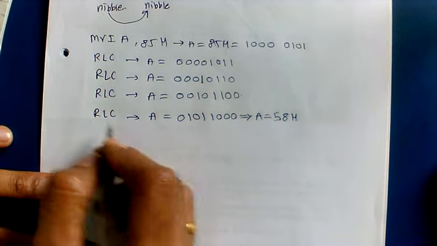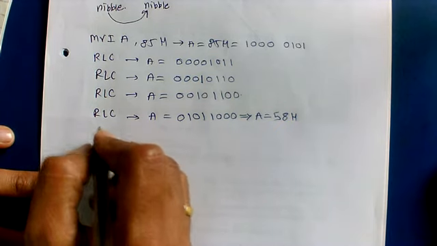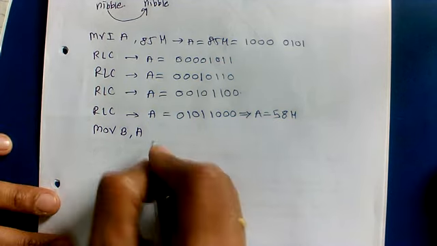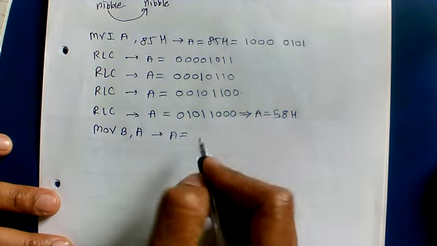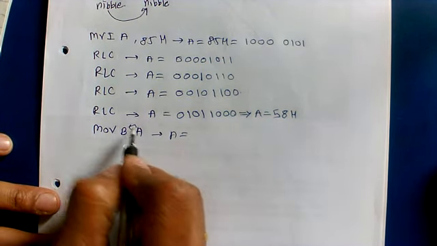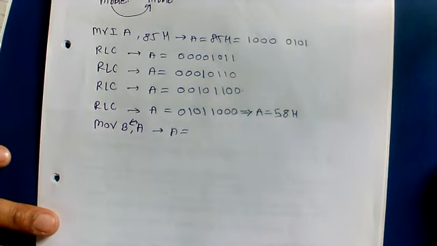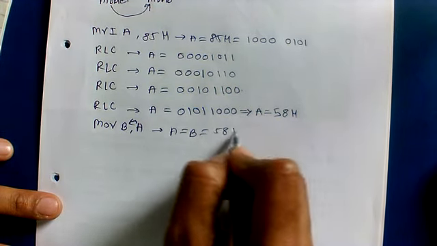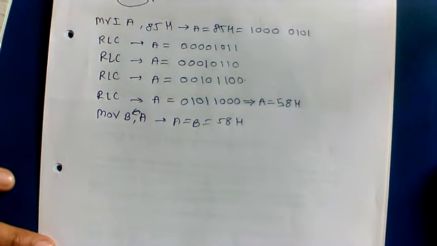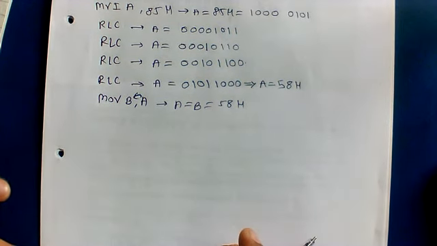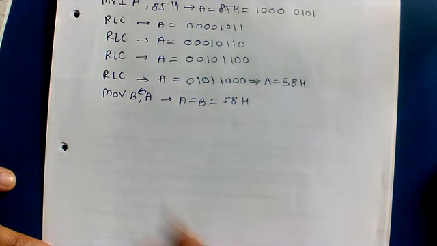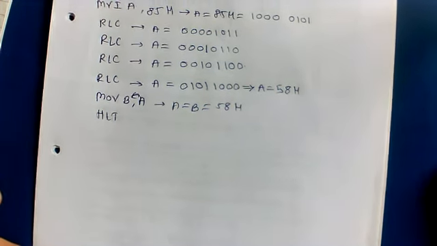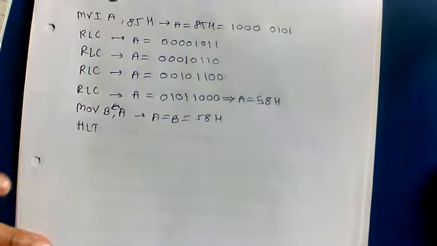And if you want to copy this result in another register, you can copy, MOV B comma A. So after the execution of this MOV B comma A, accumulator content get copied in B register. So in A register and B register, you will get 58 hex. Okay, and last instruction is HLT instruction.